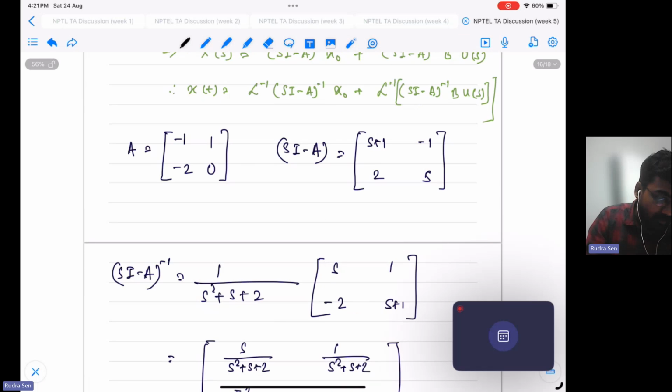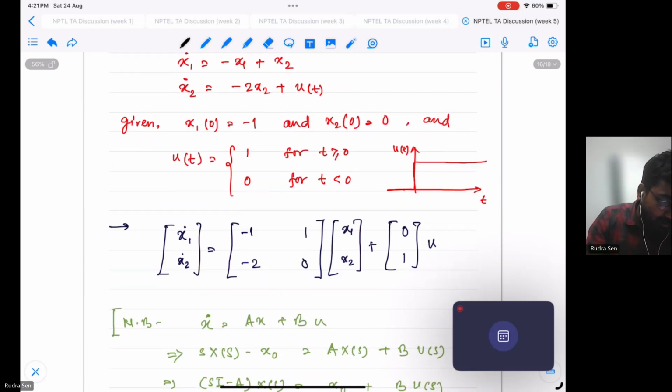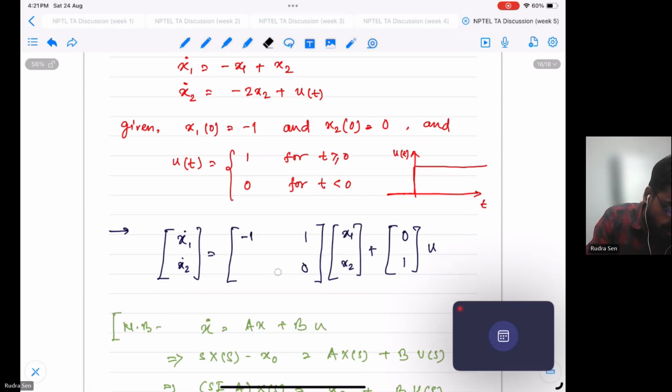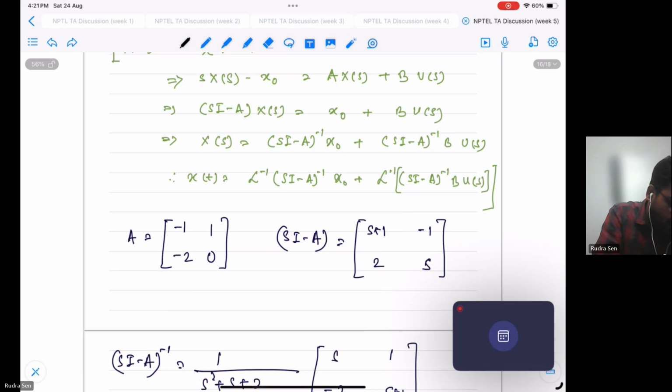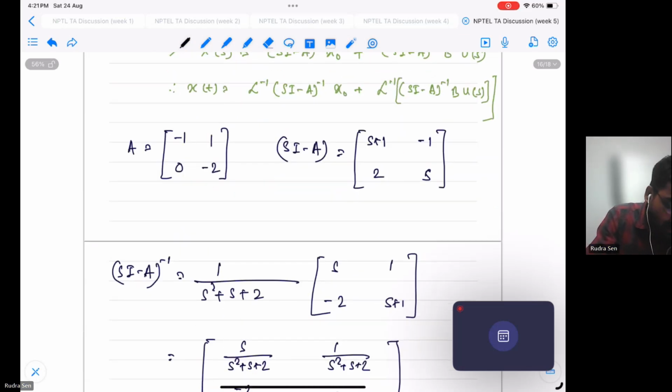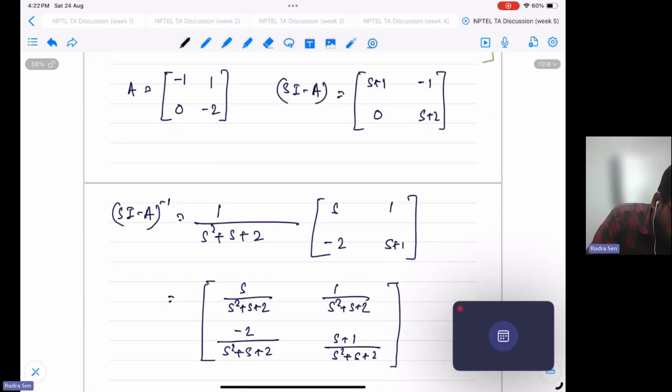Oh, I'm extremely sorry. This is x2 over here, not x1. So this should be 0, this should be minus 2, and this should be s plus 2. Sorry, this is my fault.